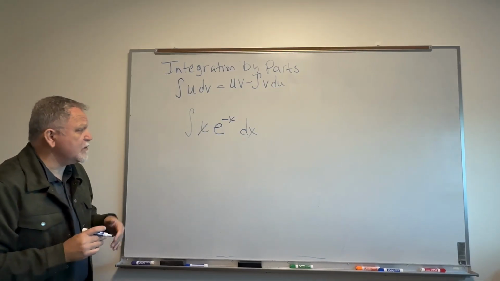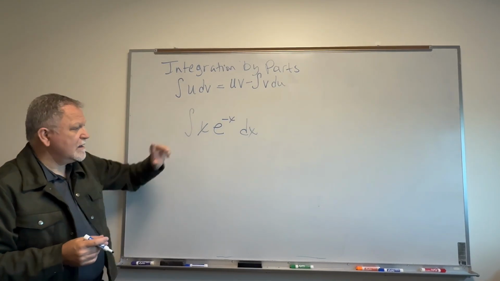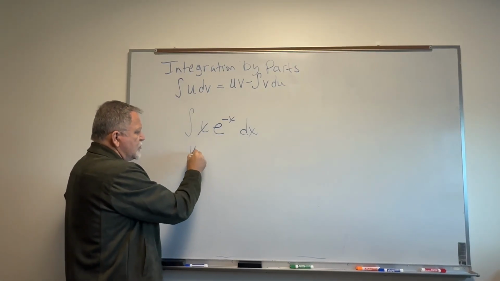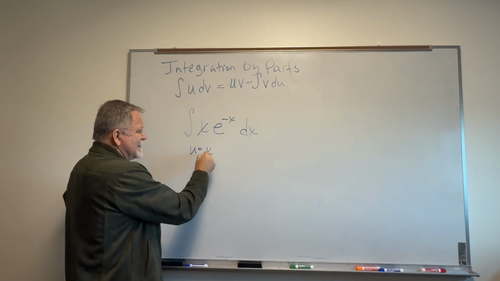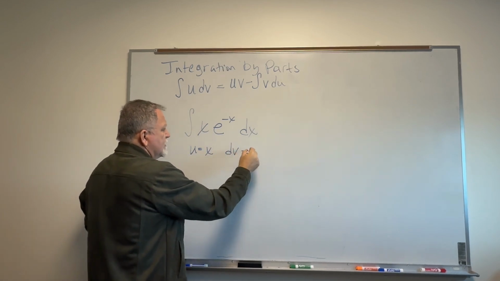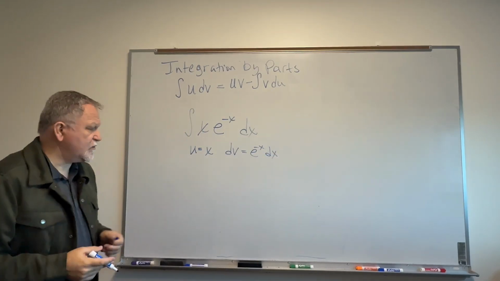So the first thing I need to do is pick a u and pick a dv. So I'm thinking I'm going to try this. U is equal to x, and dv is equal to e to the negative x dx. I'm going to try that.